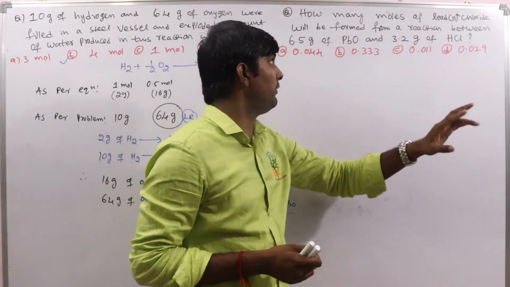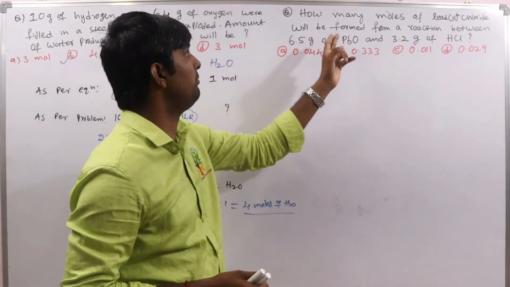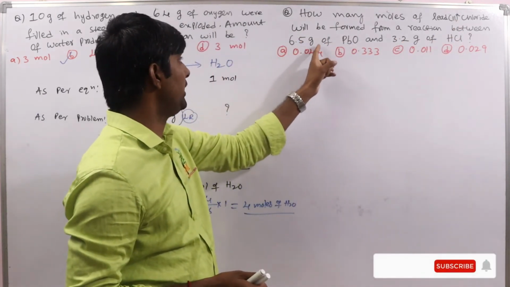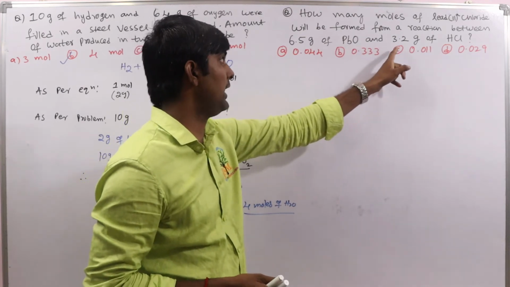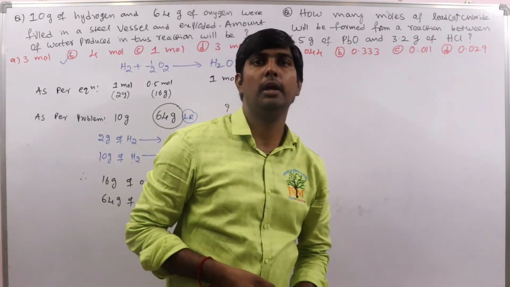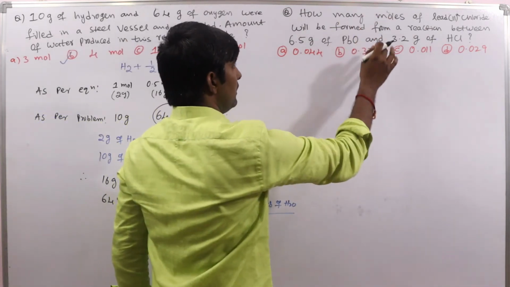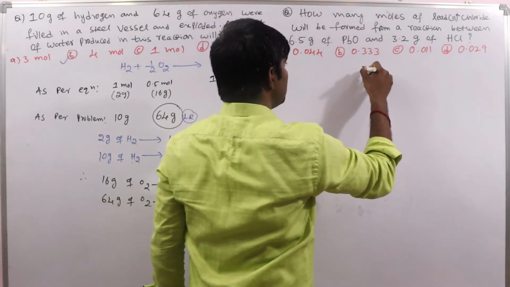Next, let us see another one. How many moles of lead chloride will be formed from a reaction between 6.5 grams of lead oxide and 3.2 grams of HCl? Here, what are the reactants?